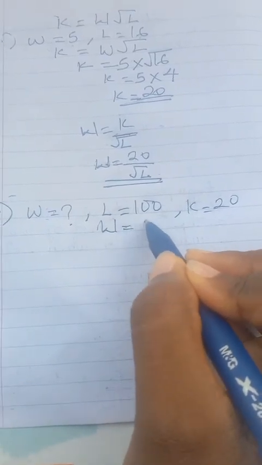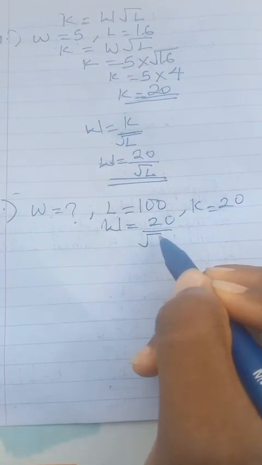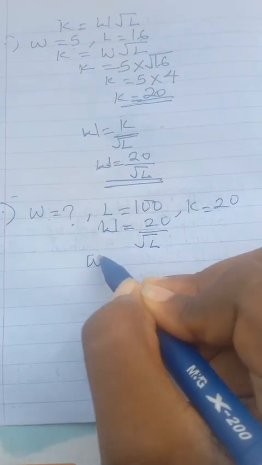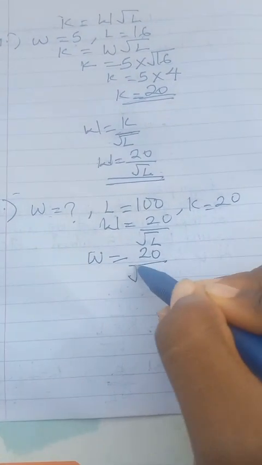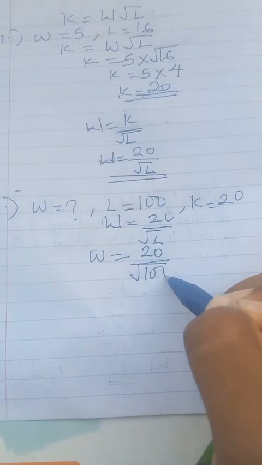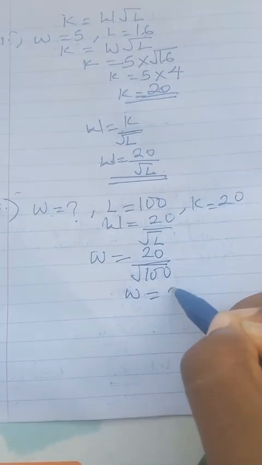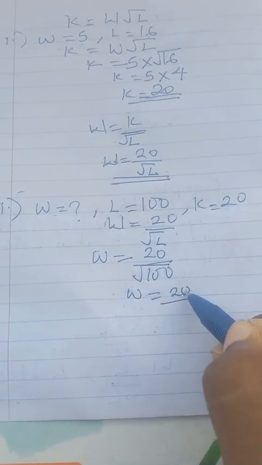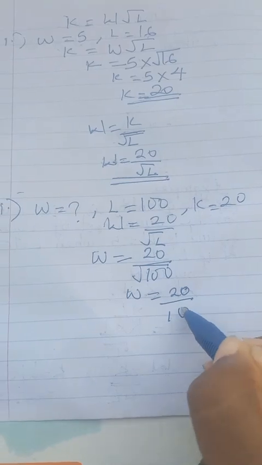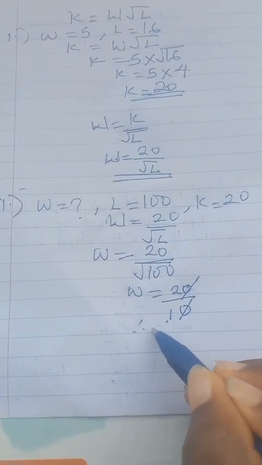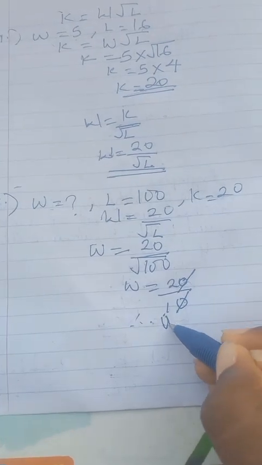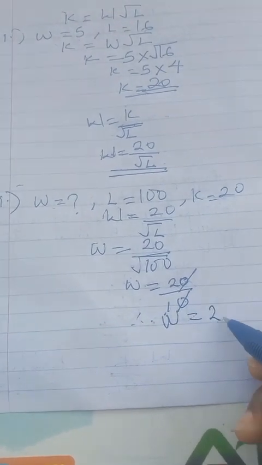W is equals to 20 over square root of L. We don't know our W, that's what we're looking for. W is equals to 20 over square root of L, in the question L is 100. W will now be equals to 20 over square root of 100, which is 10. So 0 will cancel 0. 2 divided by 1 is 2. So therefore, our W is equals to 2.